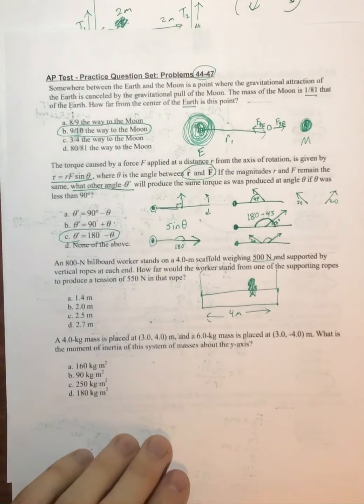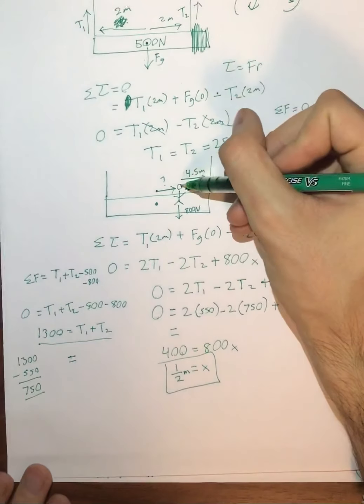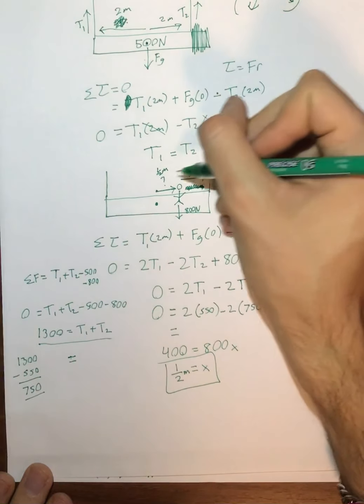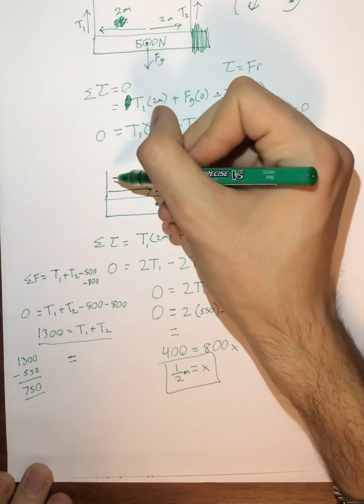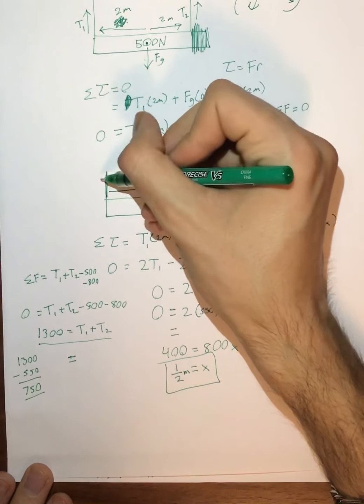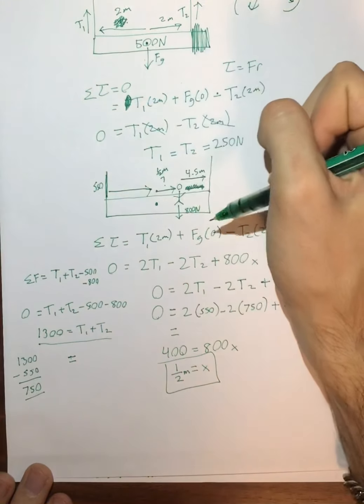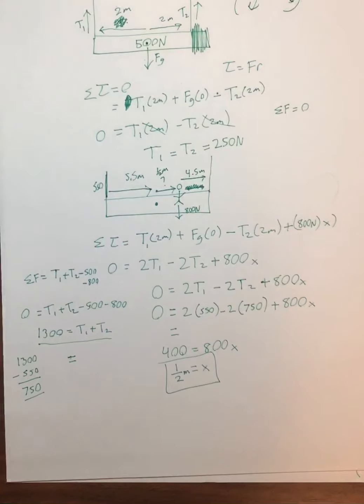Oh, okay. So I figured out how far he has to stand here. It's 1/2 a meter, 4.5 from this one, but it's actually this rope that has the 550 newtons. So he'd have to stand 5.5 meters away. Oh my God, I'm so dumb.